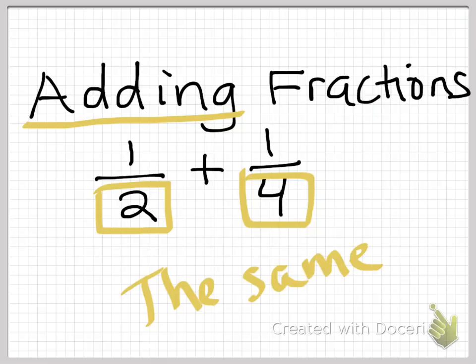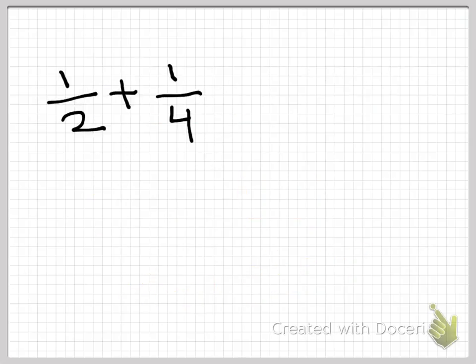So, in order to do that, you want to figure out, again, in this situation, their smallest common multiple. Okay, well, 2 can be turned into a 4. And how do I do that?